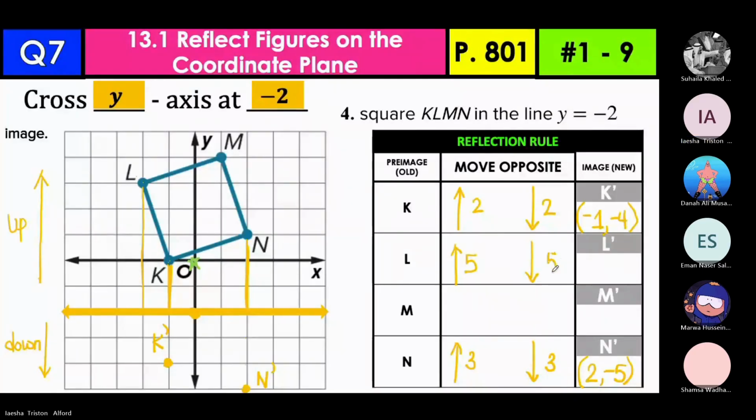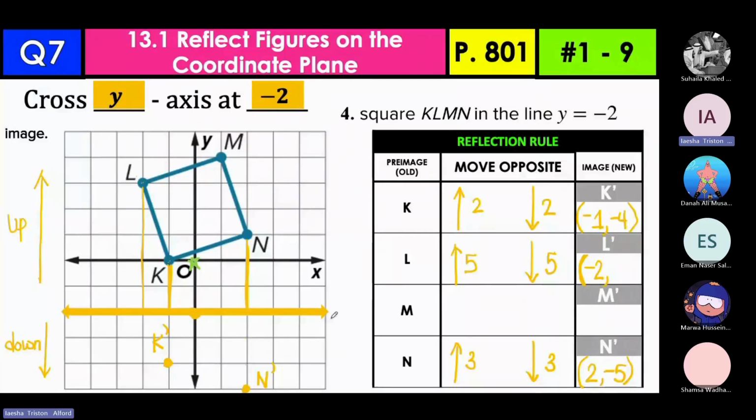When you go down 5 units, what number are we changing? The Y number or the X number? What do you think? We're moving up to down, so we're changing the Y number. So the X number is going to be the same. It's going to be at -2.